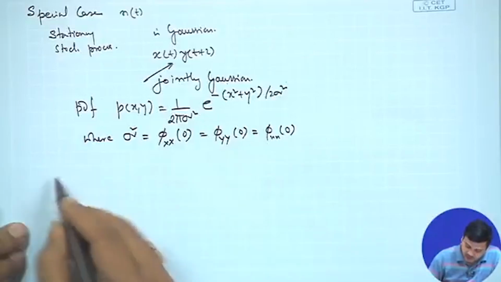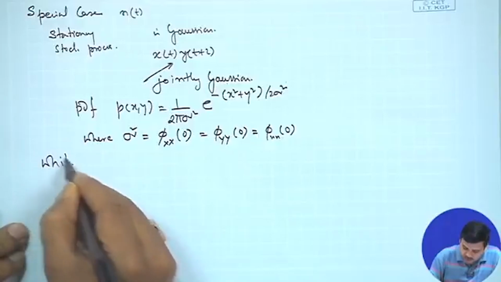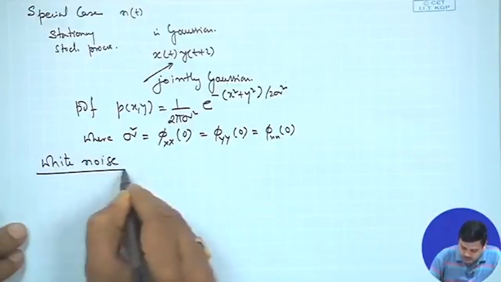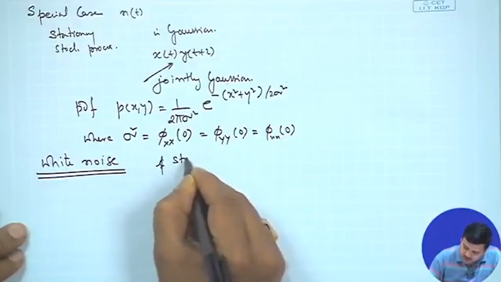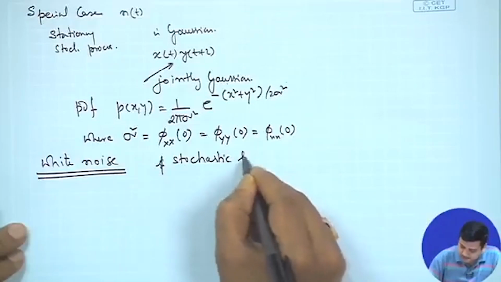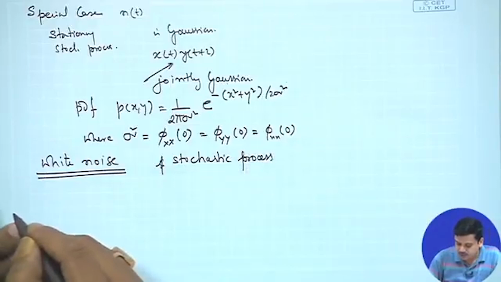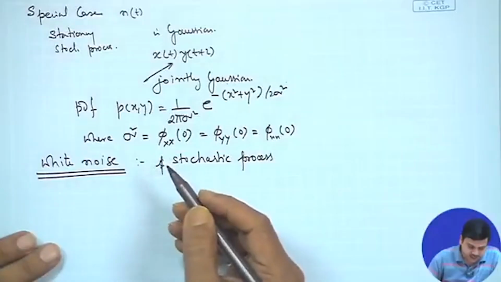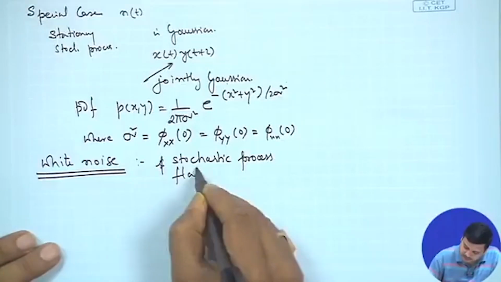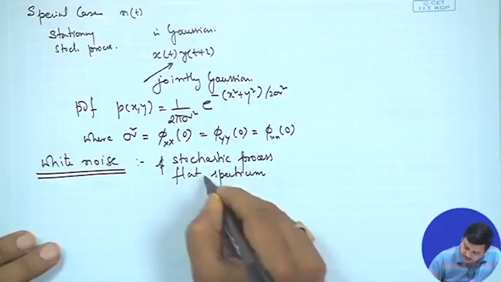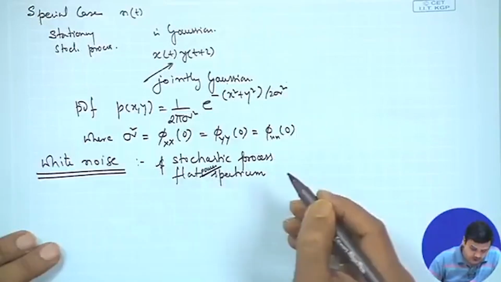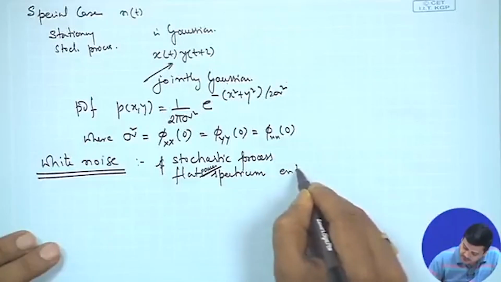What we now go into is white noise. White noise is a stochastic process, that means a process which produces random values that keep on changing with time. It is defined to have a flat power spectrum over the entire frequency range.